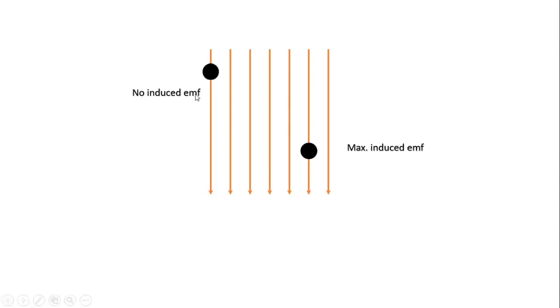And this is the place for no induced EMF when the conductor is moving parallel to the magnetic lines of force. And this is the condition for maximum induced EMF when the conductor moves exactly perpendicular to the magnetic lines of force. We will use this concept to understand how a sinusoidal waveform is produced in a generator.